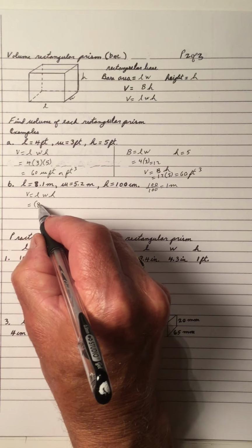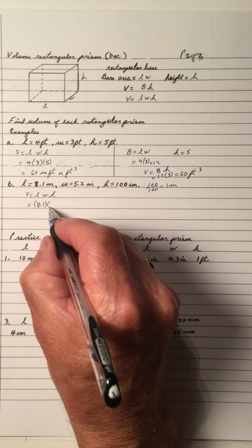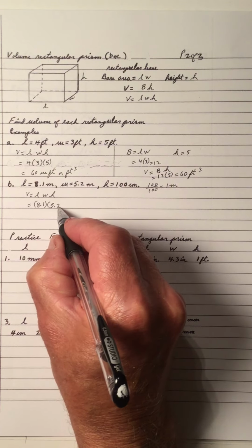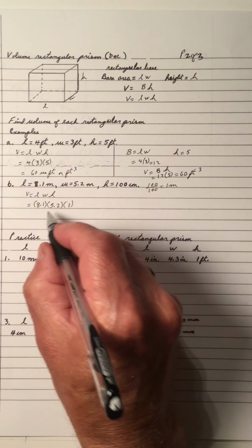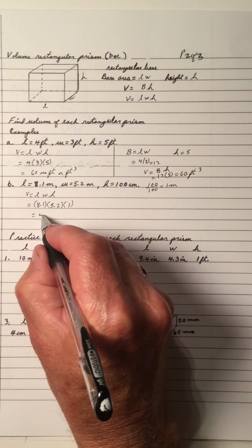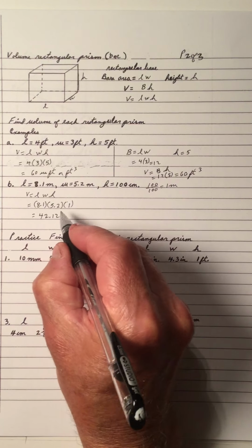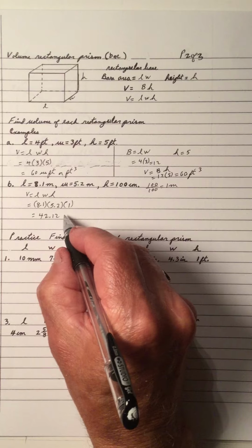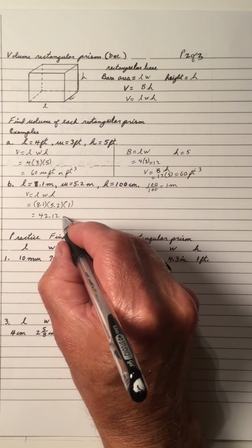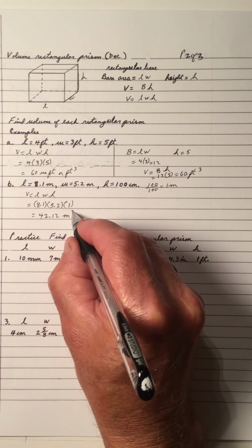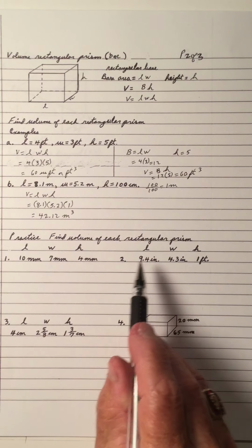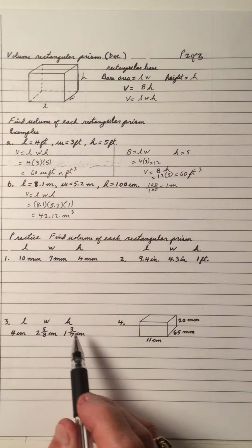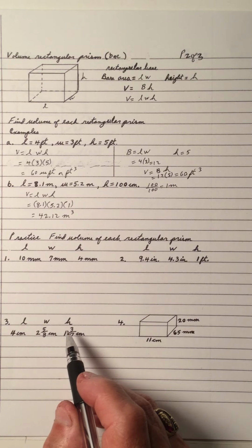The length is 8.1, the width is 5.2, and the height is 1. And when you multiply that out with a calculator, you get 42.12. And the volume is in meters, so it's meters cubed or cubic meters. Practice means pause the video and work each of those out. So you can do that for each one of these one at a time.